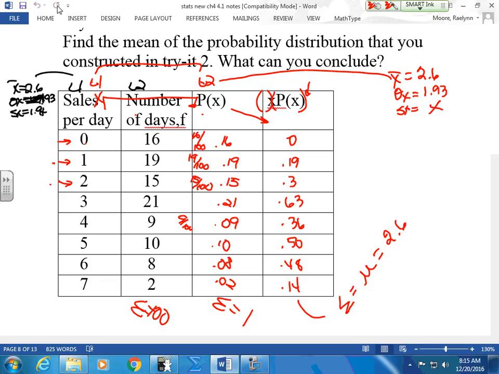To make your graph, which you'll see on your quiz as well, instead of a frequency, this is where you have to use the P of X. It's like your relative frequency chart. So down here are your X values. These are sales per day. This is your probability of that happening.